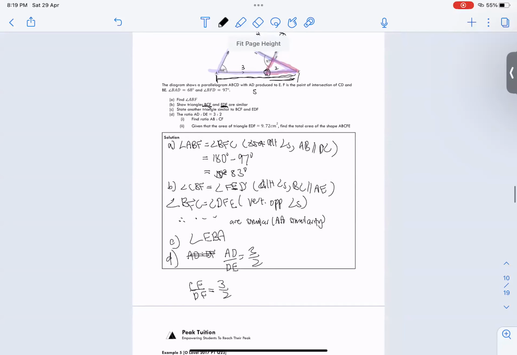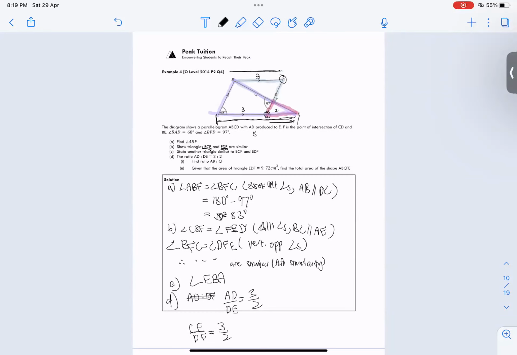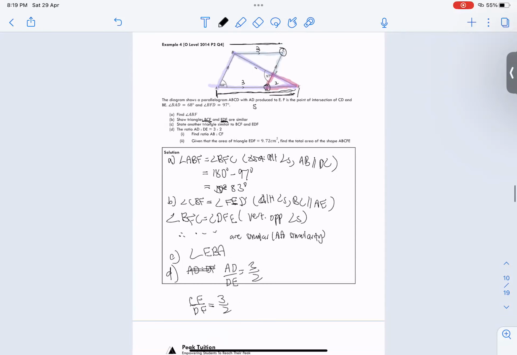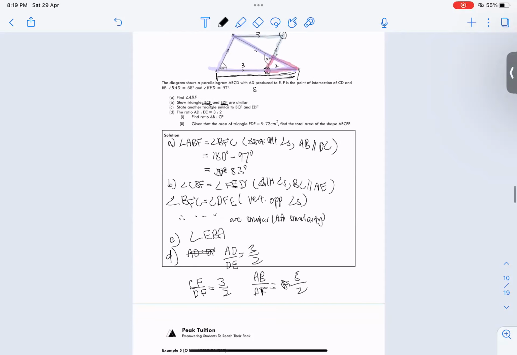Then you also know here AB over DF is 5 to 2. So you want AB over DF. Take this one divided by this. So 5 over 2 divided by 3 over 2, you get 5 over 3.